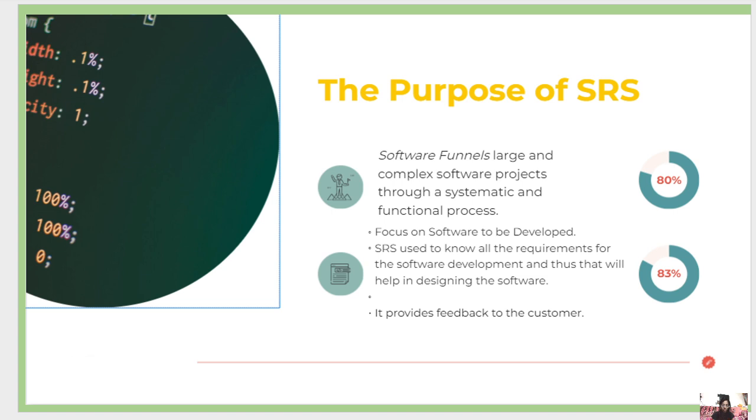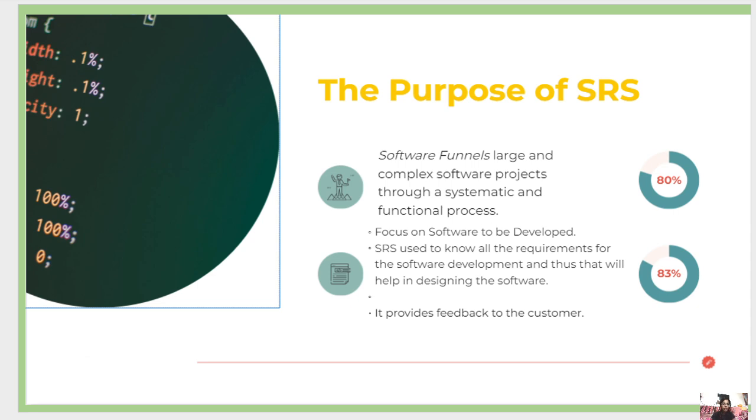It also focuses on which software we are going to develop. Then it provides all the requirements for that specific software development. As I said, it also takes back the feedback and notes it down in that SRS document so that for future development, or any evaluation to be done, we can go through this feedback.